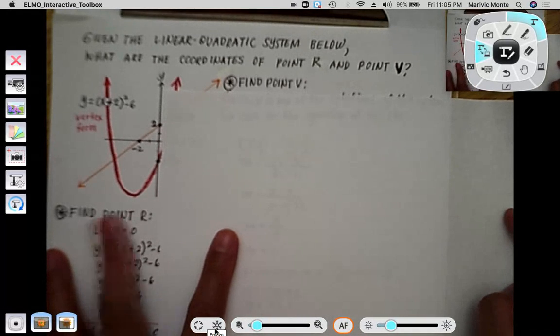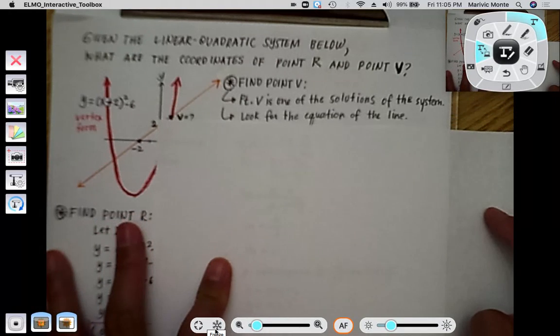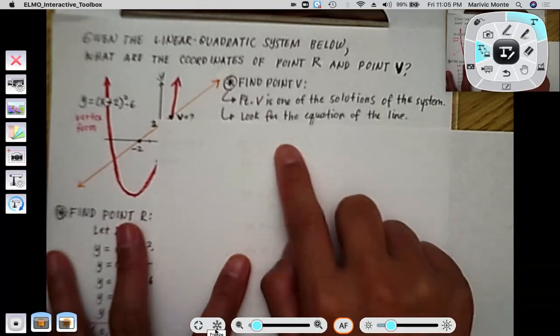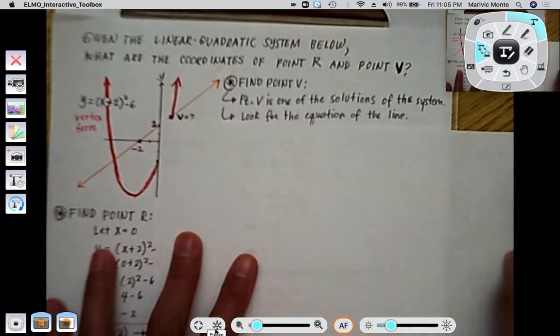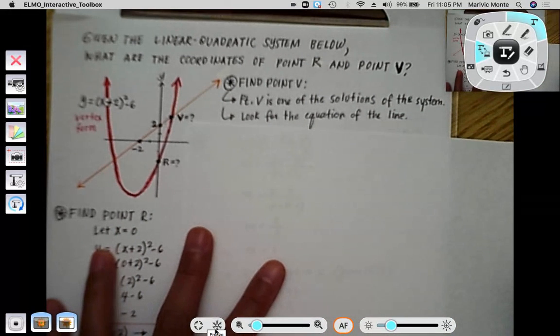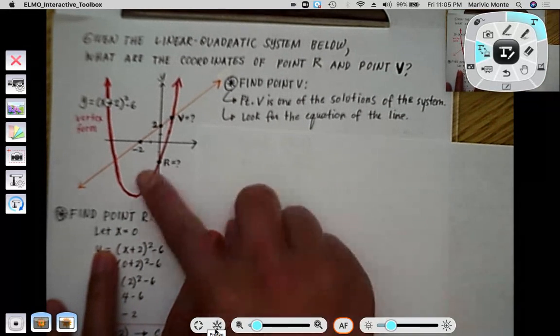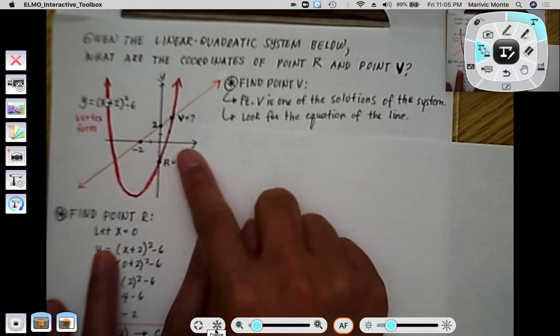So for point V, in our discussion, we said point V is one of the solutions of the system because we have here a linear quadratic system.